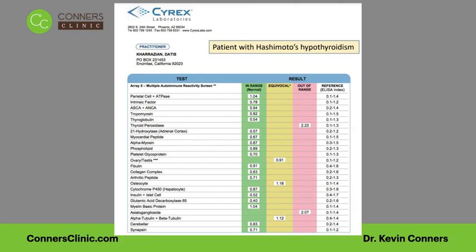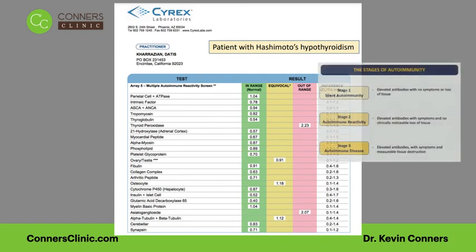Really, the level of antibodies in a test is somewhat insignificant. It has nothing to do with telling us what stage you're in. The stage you're in has to do with tissue destruction or noticeable symptoms. It does not have to do with the level of antibodies. I have to clarify that.